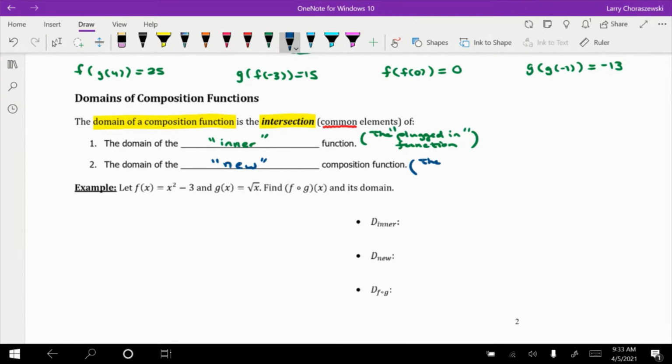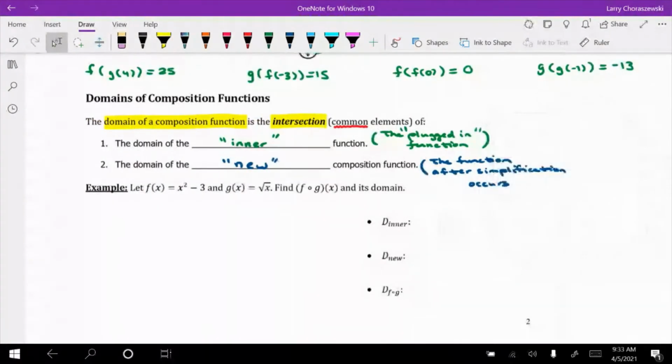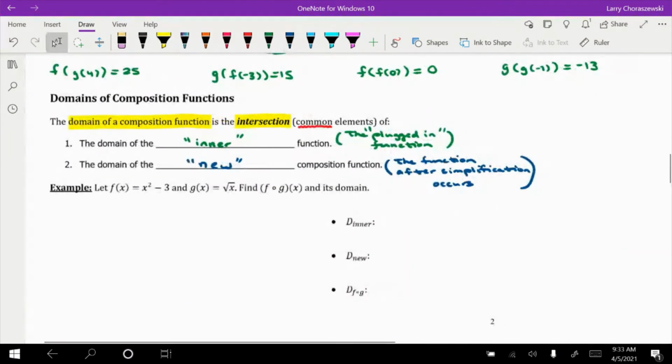And in simple terms, this is the function after simplification occurs. Notationally, if I bring in f circle g of x, we can rewrite that as f parentheses g of x.